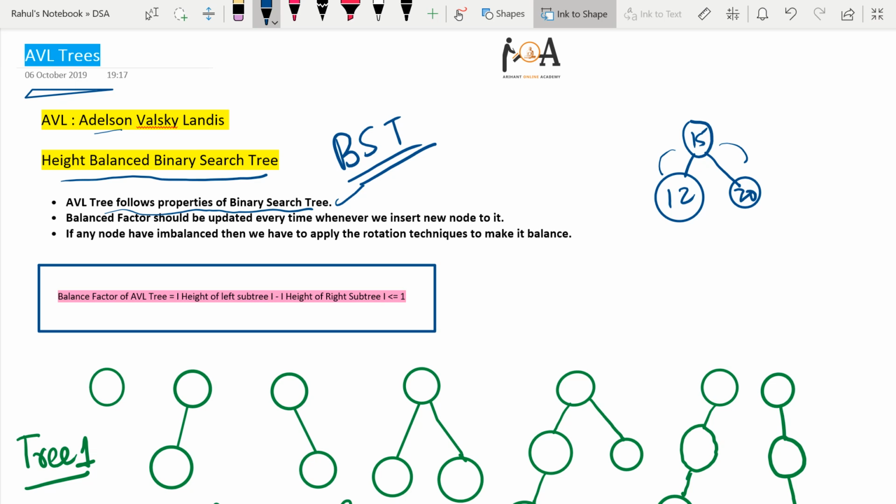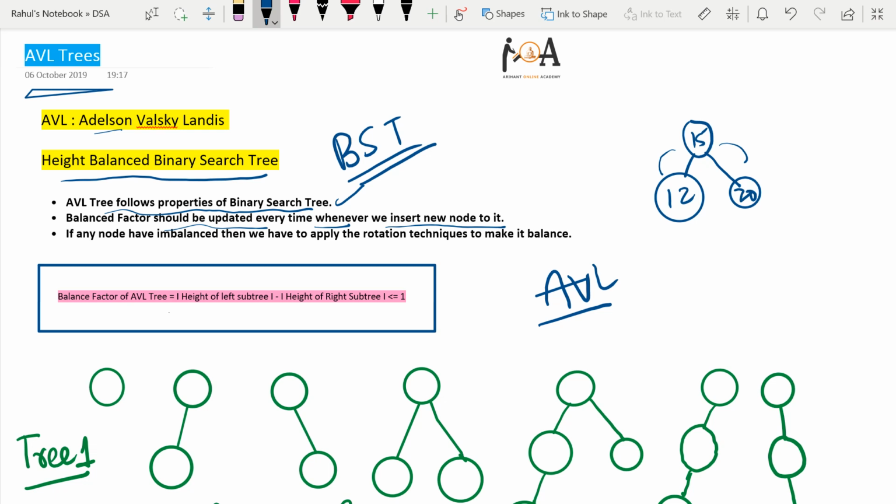The next point is that the balance factor should be updated every time we insert a new node, so we have to keep in mind that the balance factor should be maintained. Now what is the balance factor? In AVL trees, the balance factor is very important.